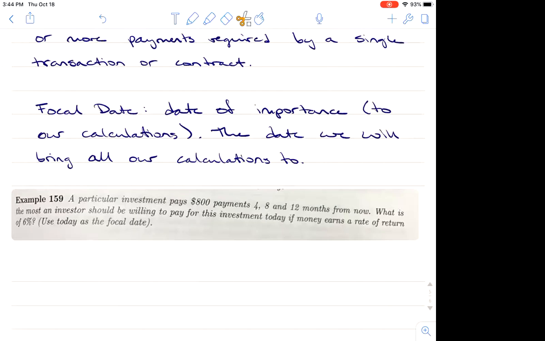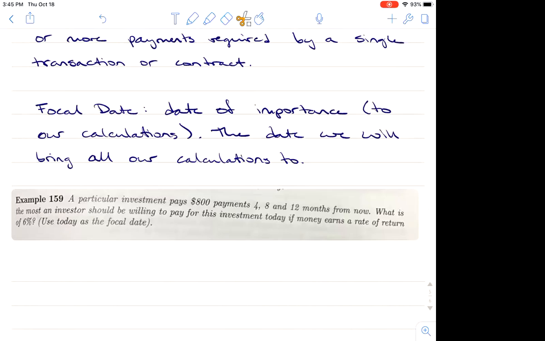So you go to the bank and they say, you give us this amount of money and we'll give you payments of $800 4 months from now, $800 8 months from now, $800 12 months from now. So what's the most an investor should be willing to pay for this investment today if money earns a rate of return of 6%? Use today as the focal date.